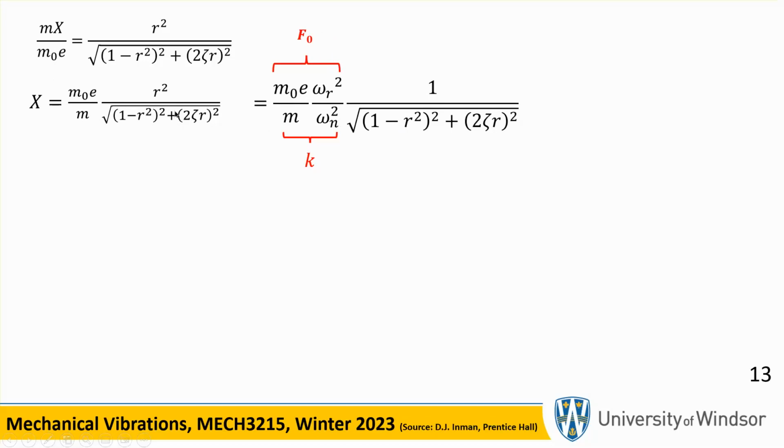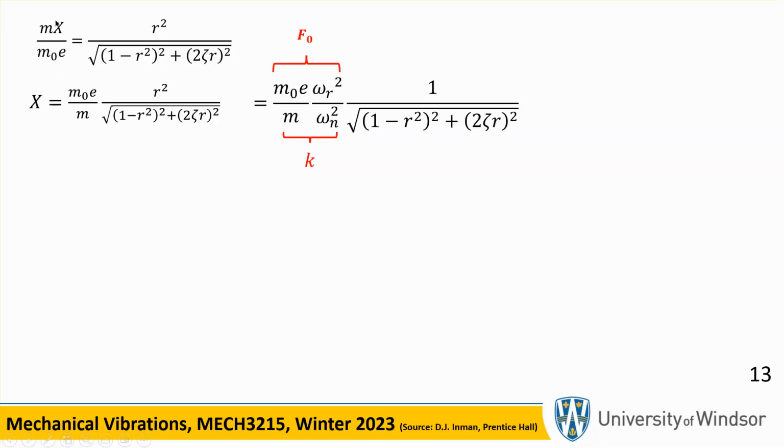And then this denominator, if you look at R squared here, for example, this is omega R over omega N, right? You square it and you get this. This is given to us. This is your 350. And this is your stiffness, mass stiffness.